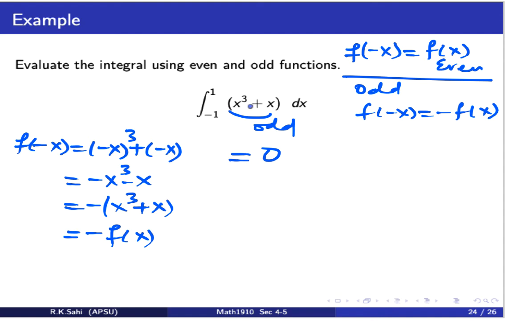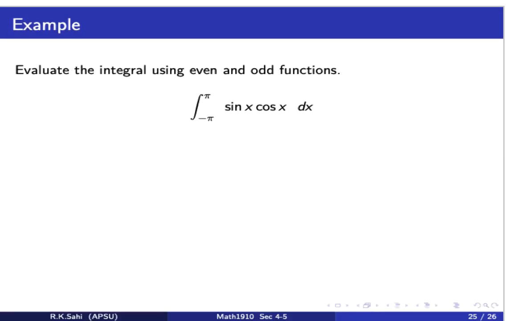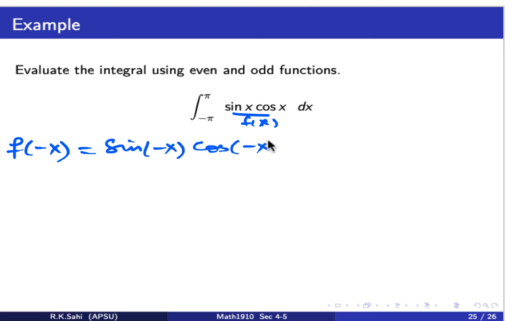Nothing doing. Now let's look at one example from the trig world. Here we look at minus pi to pi. So the limits are according to the rules. Now let's look at sine x and cosine x. Okay. Let's look at what is f of minus x, which is, remember this is f of x, guys. Keep this in mind always. Sine of minus x and cosine of minus x.